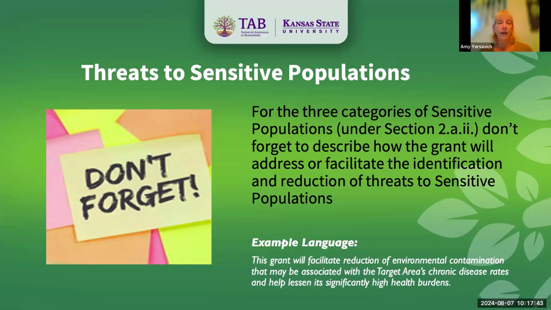I provide some example language down there in the bottom in white. So you want to say things like, this grant will facilitate reduction of environmental contamination that may be associated with the target area's chronic disease rates and help lessen its significantly high health burdens. This is actually from an application that did win a grant. Next slide.